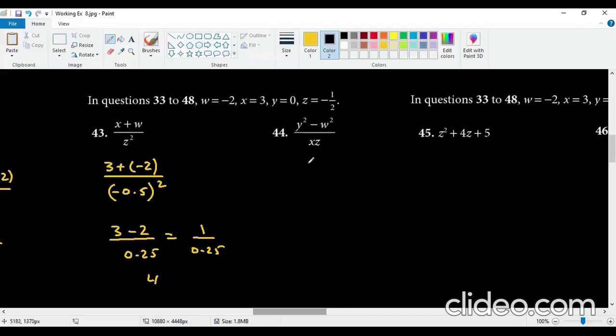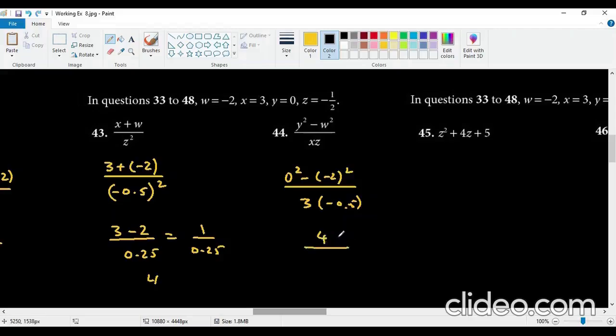Question number 44, y is equal to 0 squared minus w, which is negative 2 squared, divided by x, which is 3, multiplied by z, which is negative 0.5. Now it's going to be a positive 4 on top, since negative 2 squared is positive 4.